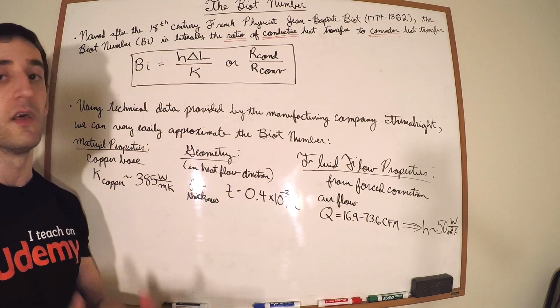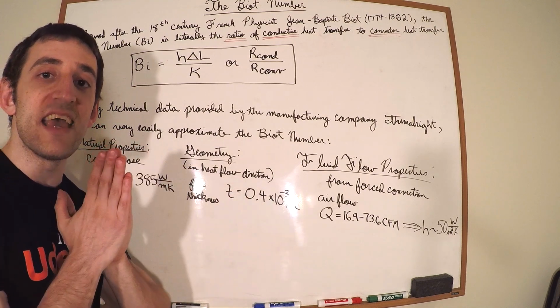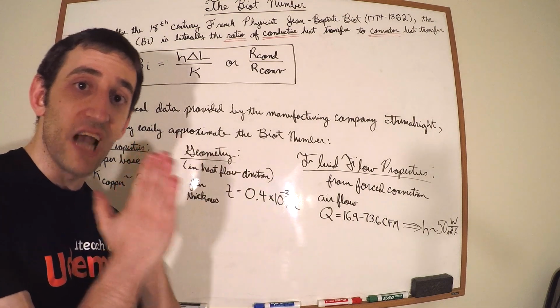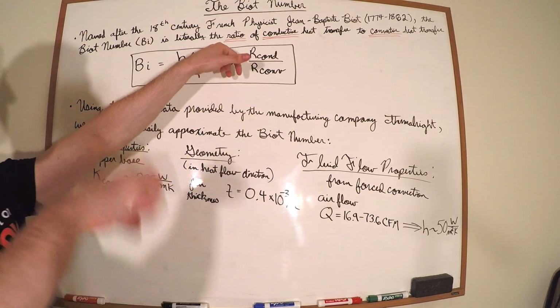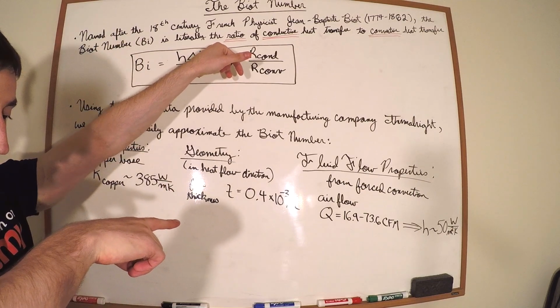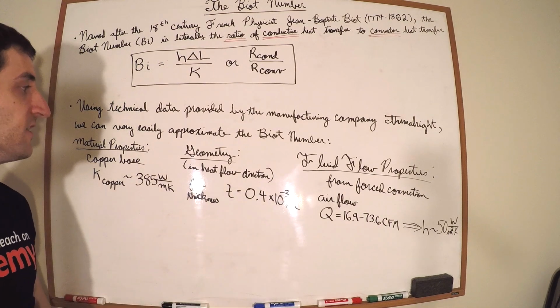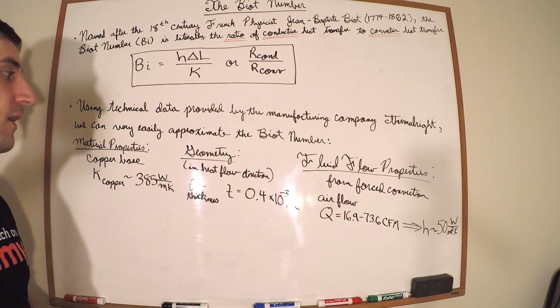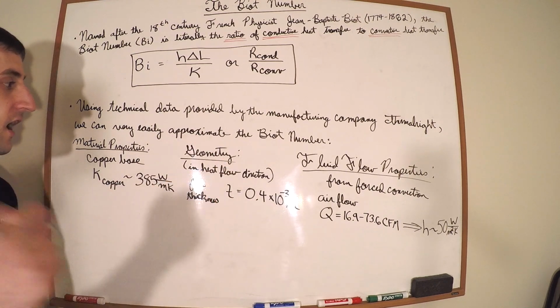Next, we can take the technical specs and the engineering drawings, the geometry, and use that to figure out this delta L, the difference in length that the heat is flowing over. We have to make sure that for the Biot number, the geometry we use is in the direction of heat flow.